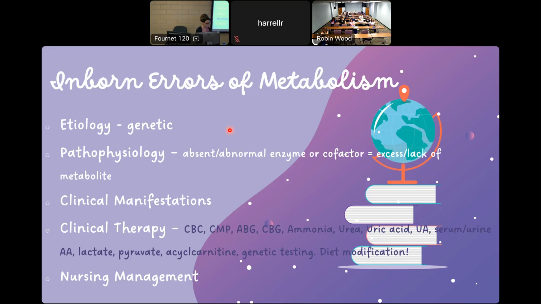And therapy wise, there's a lot of labs. If you are dealing with a kid that's getting worked up for an inborn error, it's a lot of labs. So baseline, I've listed them for you, and you're like, holy cow, that's baseline? Yes, that's typically baseline. Based on the results of these, some of these should look kind of familiar, right? Like lactate and pyruvate, think back to high school biology.